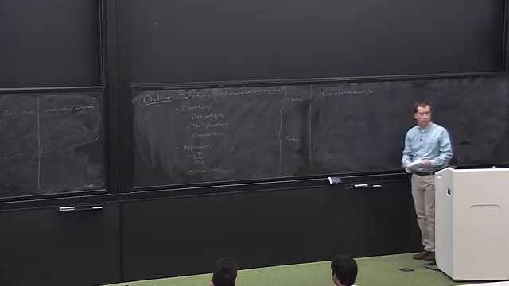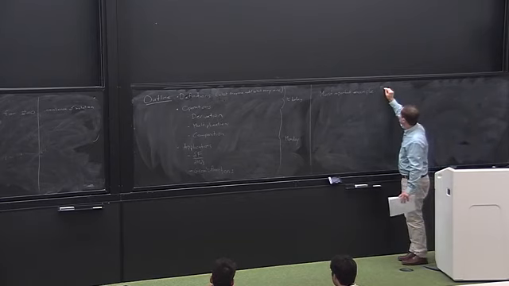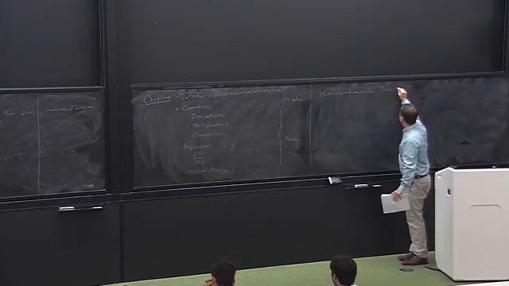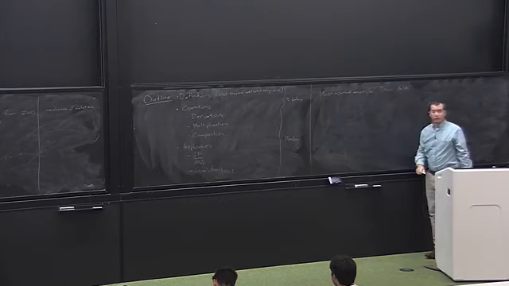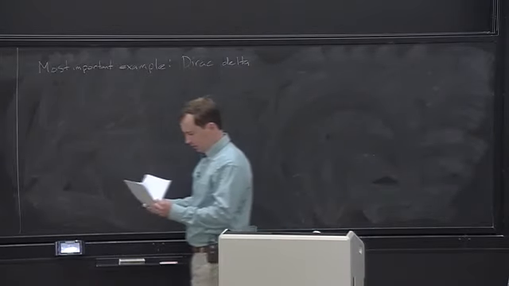Okay, so our most important example is the Dirac delta. This is a distribution that's not a function.